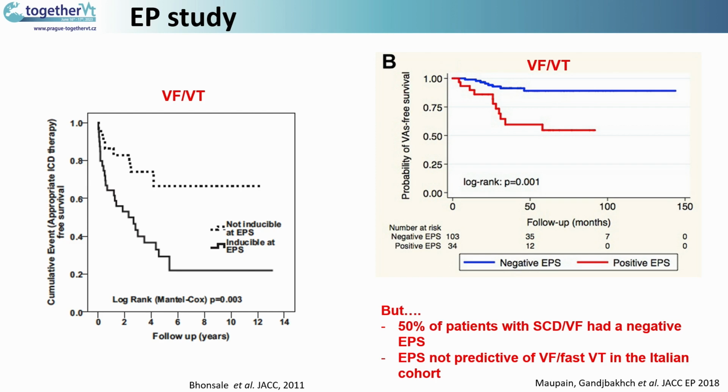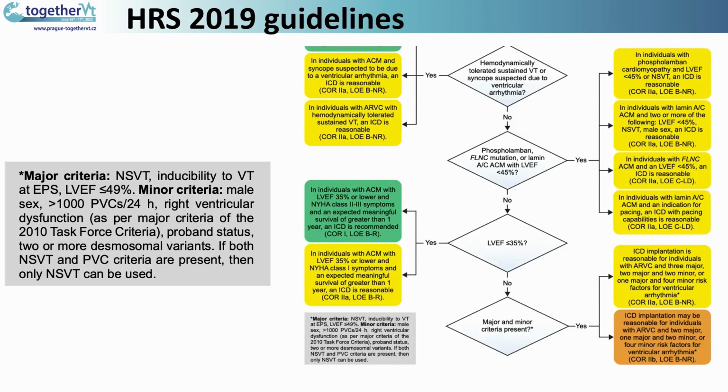But we also have to acknowledge that EP study is not that good at predicting the risk of sudden cardiac death. In a French study that we performed, 50% of patients that had sudden cardiac death had a negative EP study. And in other registries, especially the Italian registry, the EP study was not at all predictive of sudden cardiac death and fast VTs.